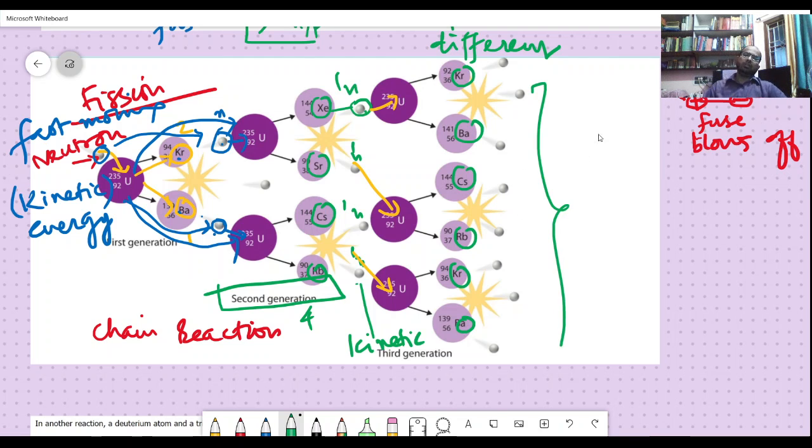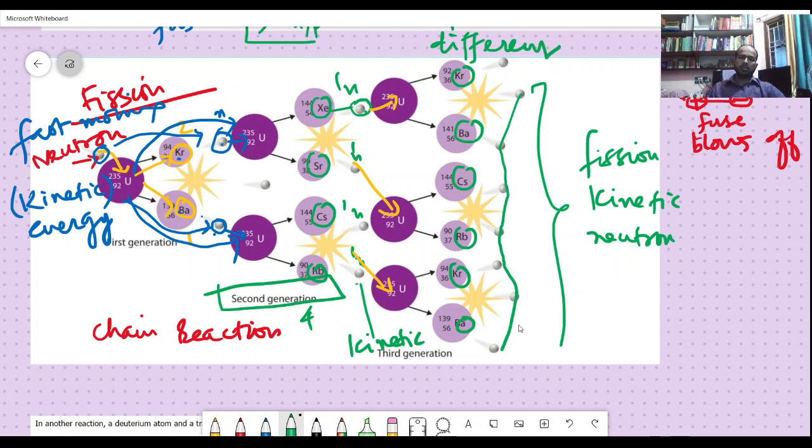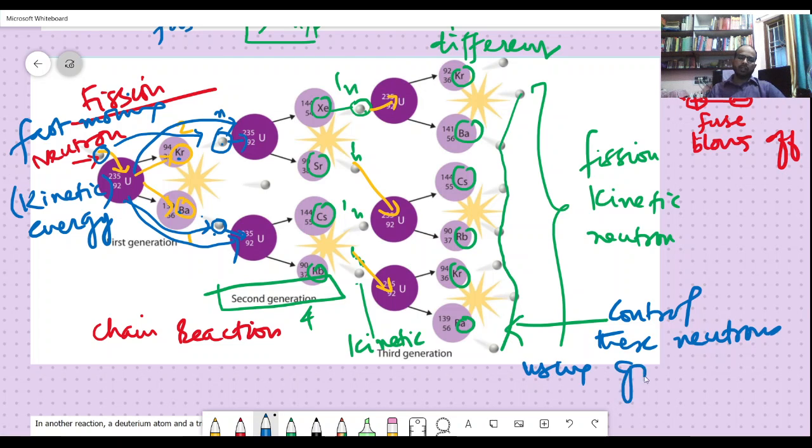plus a lot of fission kinetic neutrons. So you can control these neutrons using graphite rods.